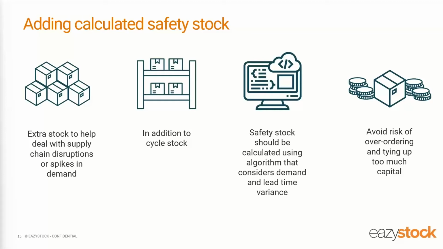Safety stock is critical to achieving our availability targets, and it's important to understand that safety stock can be calculated in addition to just your usual stock levels. There are probably a few ways that people calculate safety stock today, from adding a simple fixed amount of buffer stock to all the items, to using statistical calculations that consider demand and lead time variance, which is so important.